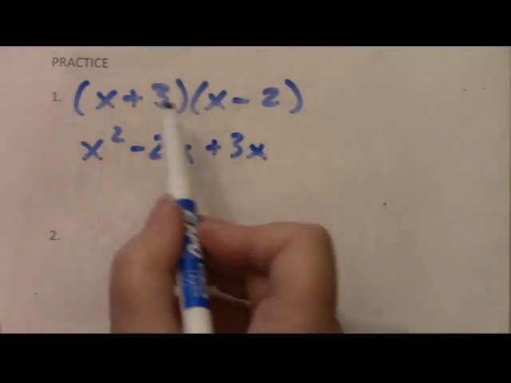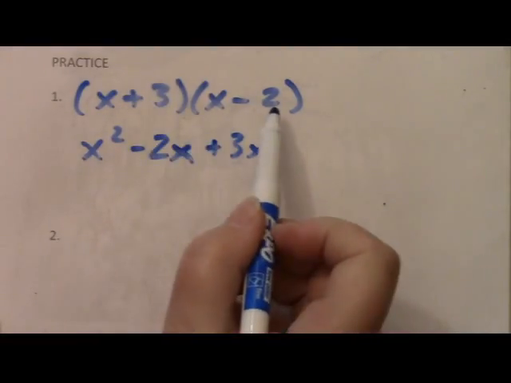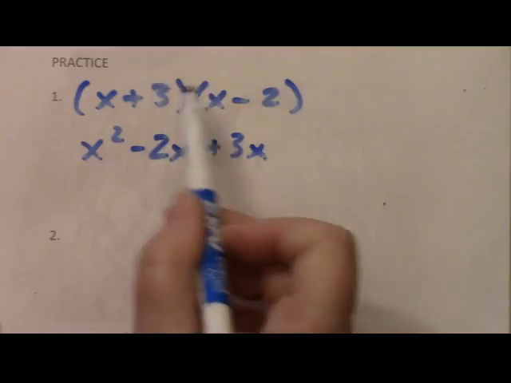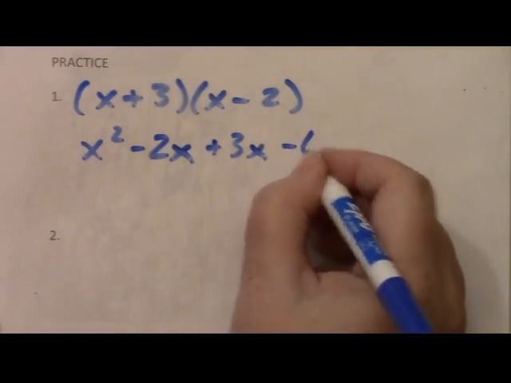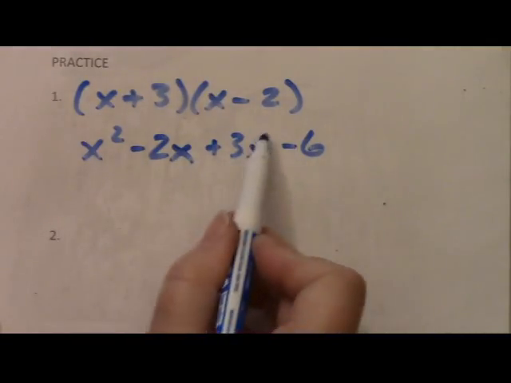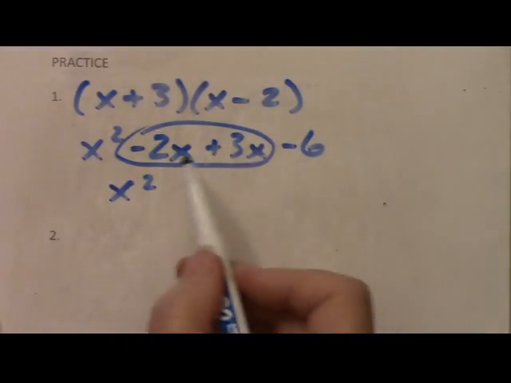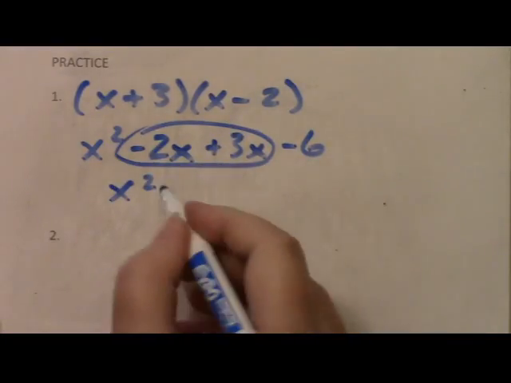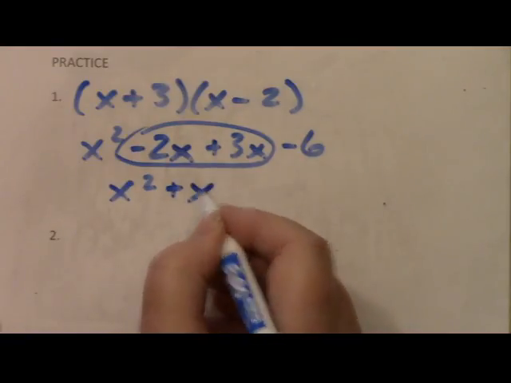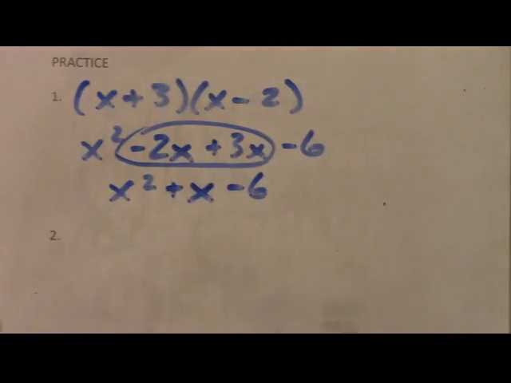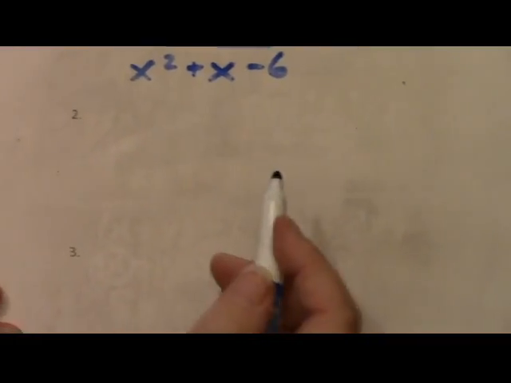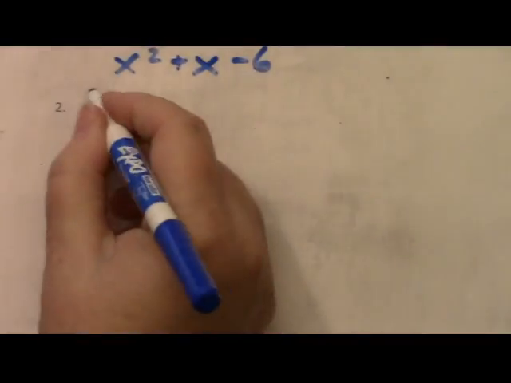The L is for my last terms, the last in each parentheses. A +3 times a -2 gives me -6. One more step, simply combine my like terms. I end up with x squared, -2 plus 3 is 1, a +1x minus 6.